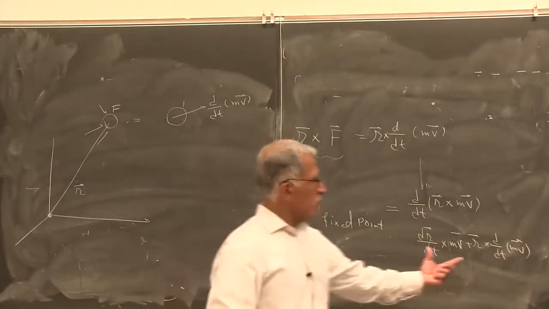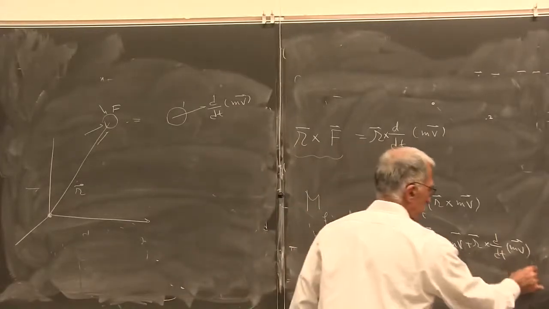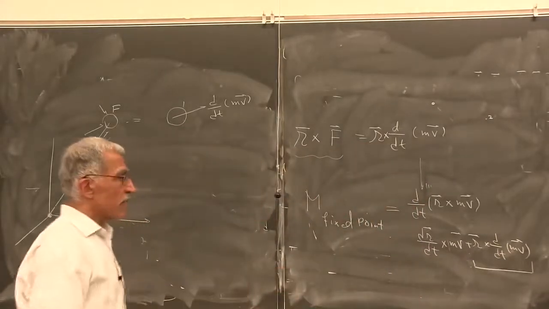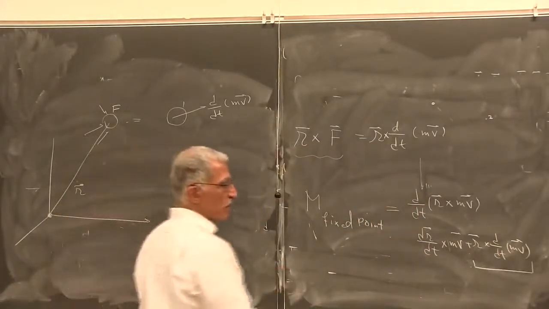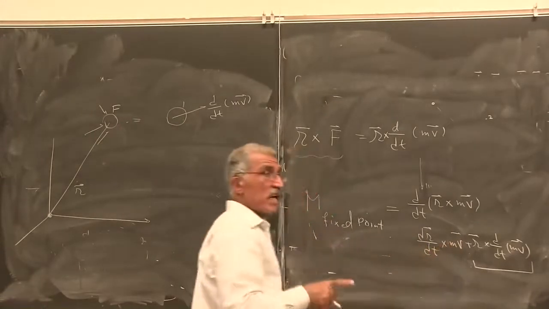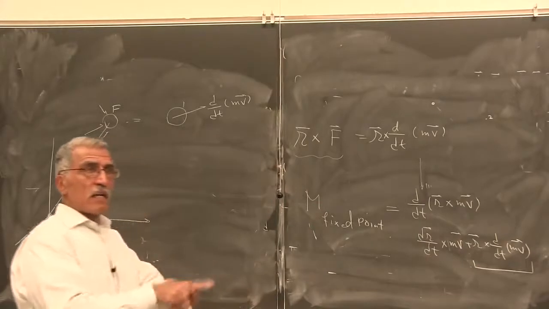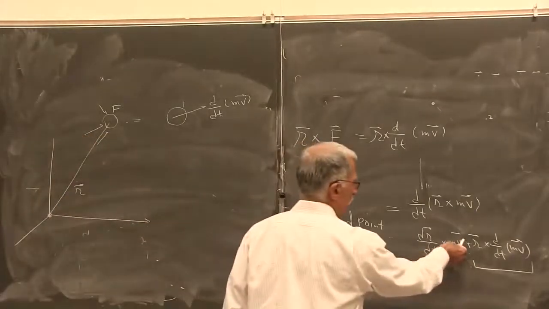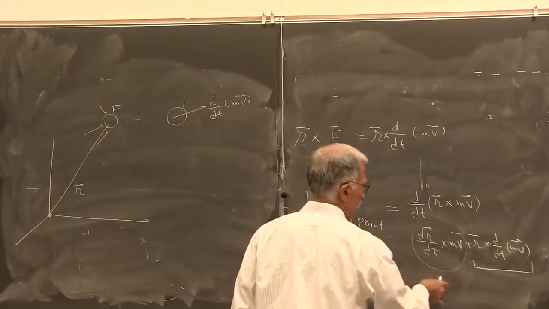This is what you had. This is the additional term that you get by putting that r inside. But this additional term, dr dt, is a velocity, and this velocity and this velocity are in the same direction, and the cross product would be 0. So this does not produce any contribution by taking r inside.